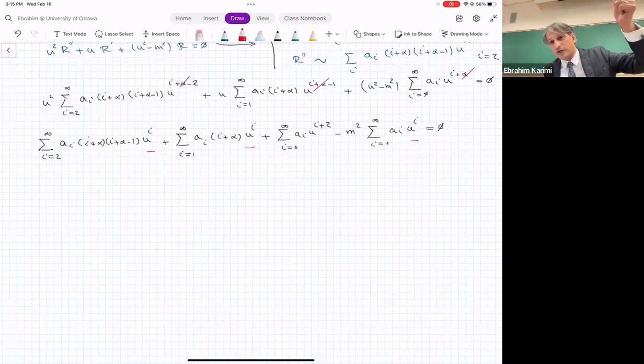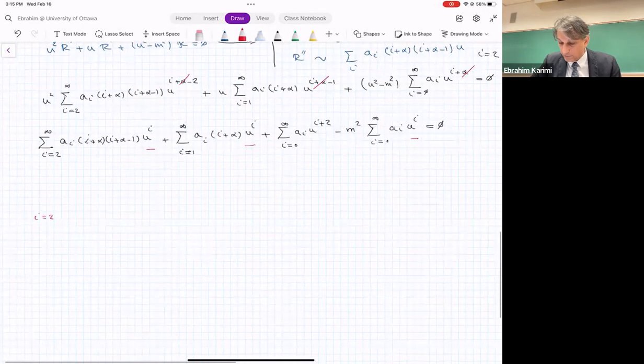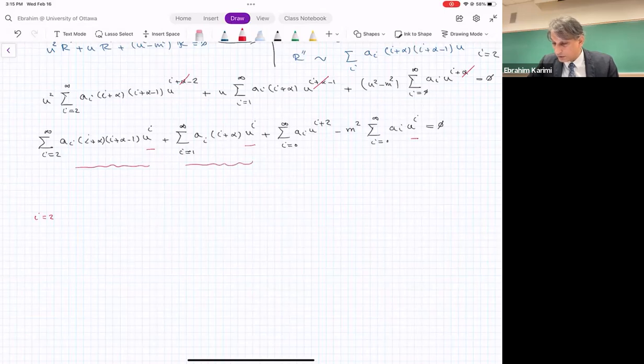From i equal to 2, they are identical, right? So if you look at the powers, that term plays a role, that term plays a role, that term plays a role, that term also should be adjusted, because for i equal to 2, the power will be u power of 4, okay?